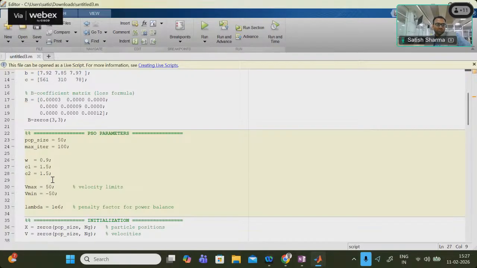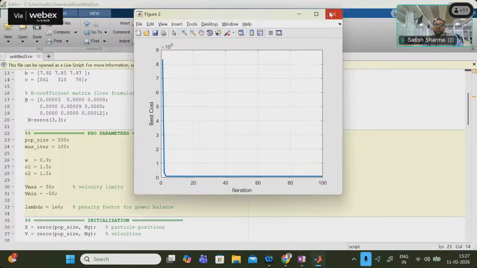So there is no single answer of what values we should keep of these parameters, what should be the ideal population size, and what should be the iteration size. There is no single answer to those questions.